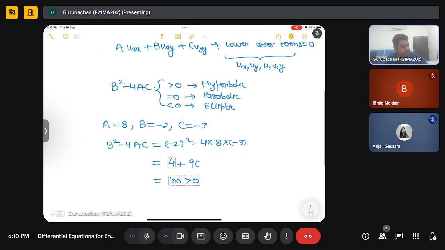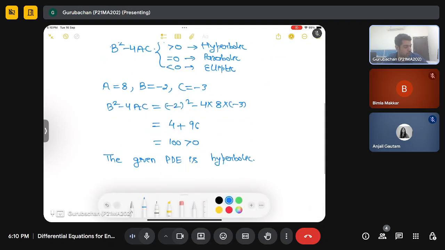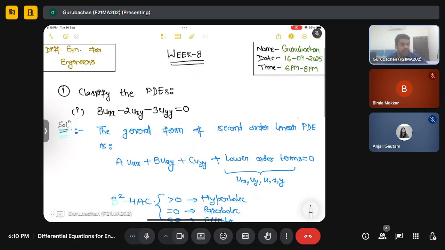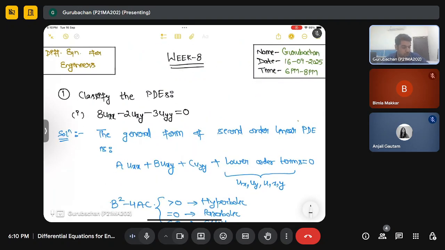So that means the given PDE is hyperbolic. Moreover, you may observe that A, B, C can also be functions of x and y. So this is a second order linear PDE with constant coefficients, you can say.